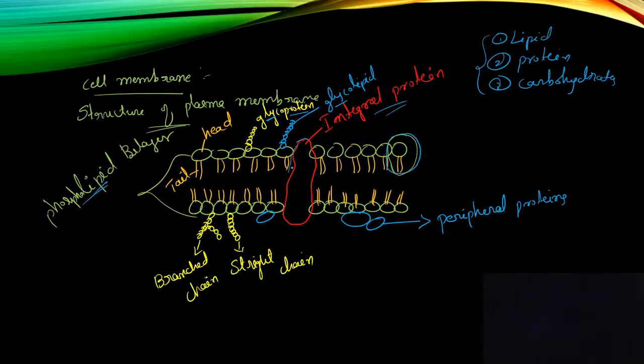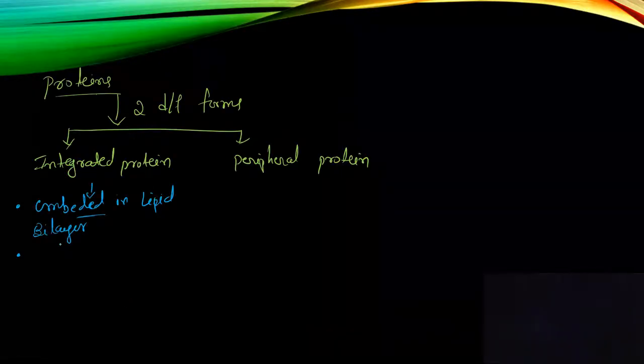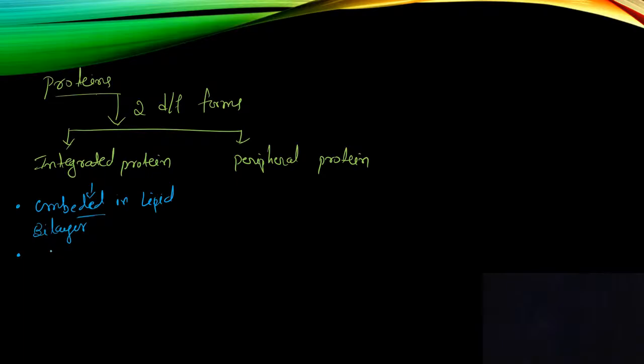Its major portion is embedded in the lipid bilayer, and this integrated protein sometimes serves as specialized protein channels. They act as protein channels for the movement of specific molecules.